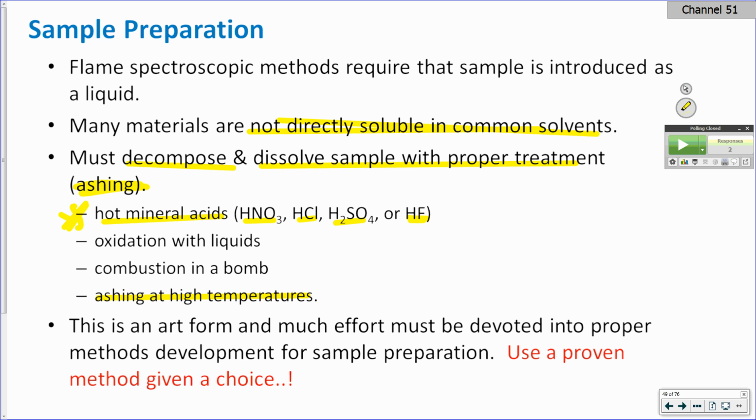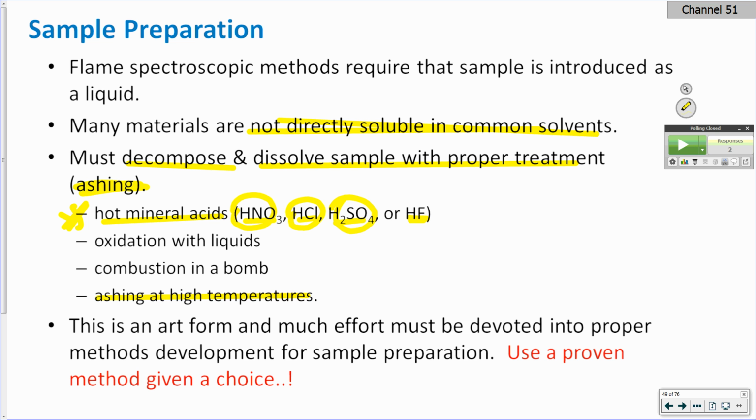So HF is a problem to deal with, but if you're looking at samples like rocks that have a lot of silicon dioxide in them, that's what you have to use. But normally we use nitric acid, hydrochloric acid, or some combination with sulfuric.